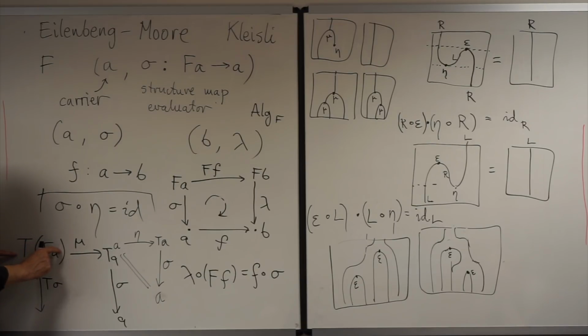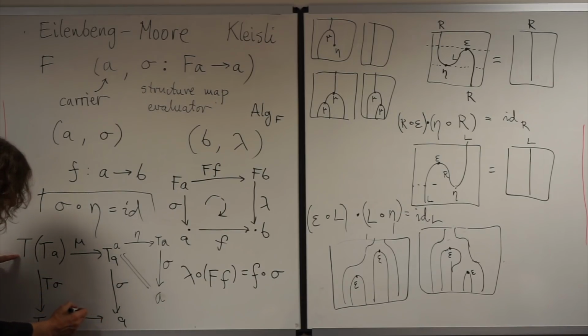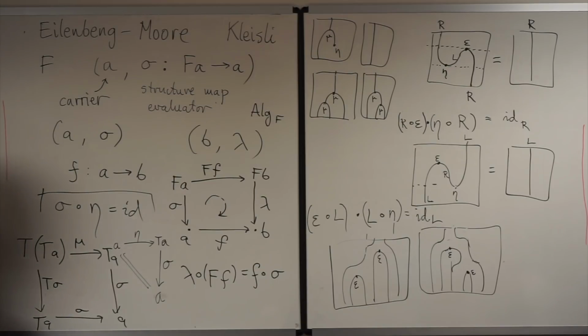So I evaluate the inner expressions first, and I will get something of type TA. And then I can use sigma to evaluate it. There are two ways of going about it.